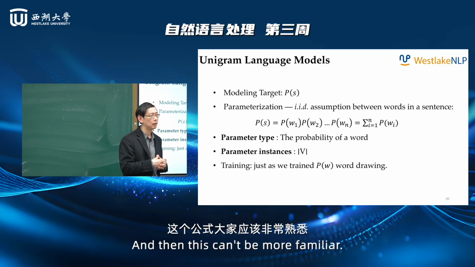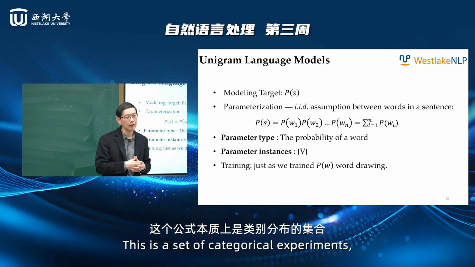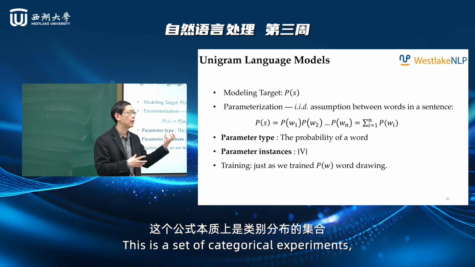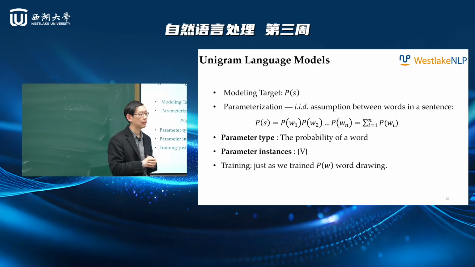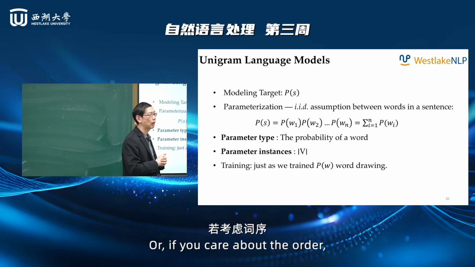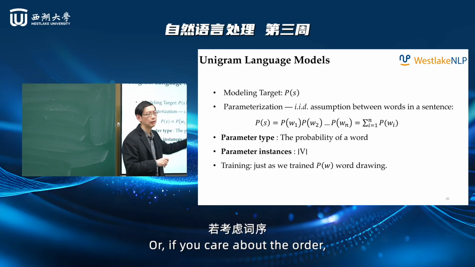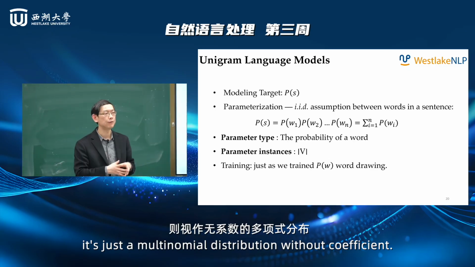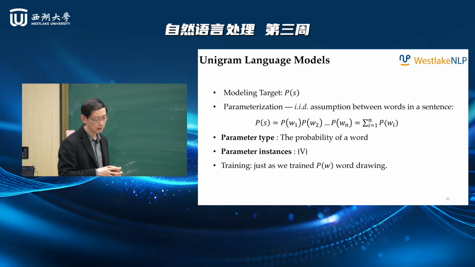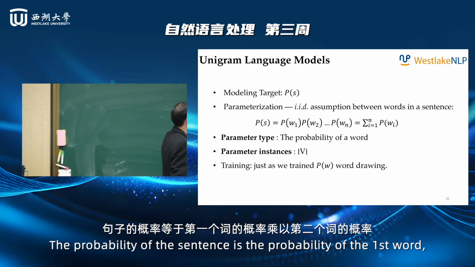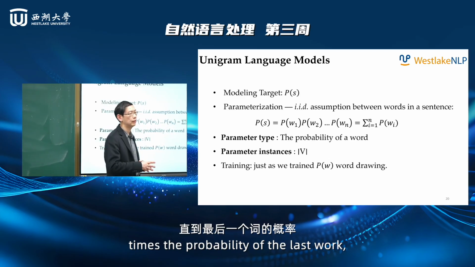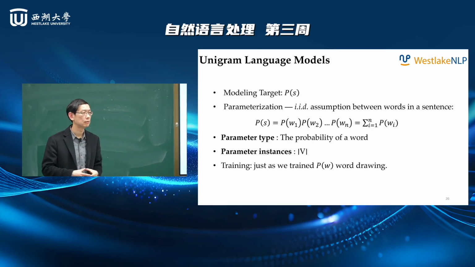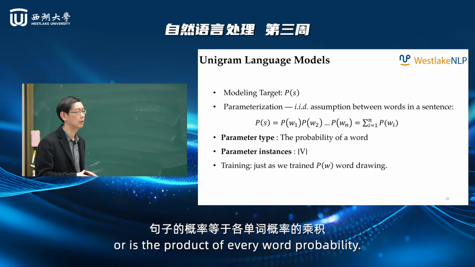So this can't be more familiar. This is a set of categorical experiments, so it's a multinomial distribution. Or if you care about the order, it's just a multinomial distribution without the coefficient. So the probability of a sentence is the probability of the first word times the probability of the second word, and so on, times the probability of the last word. Or it's the product of every word probability.